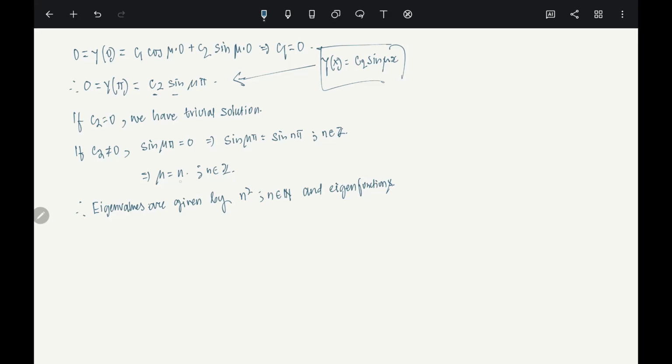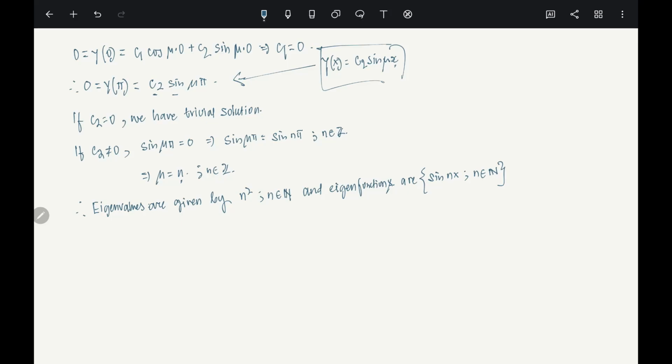So now if mu equals n, then y of x is sine of nx, constant times sine of nx, but the constant can be 1 also. Any constant multiple is fine. So eigenfunctions are given by sine nx, and n is in N for now, it can also be Z, but it doesn't matter. It's basically the same thing.